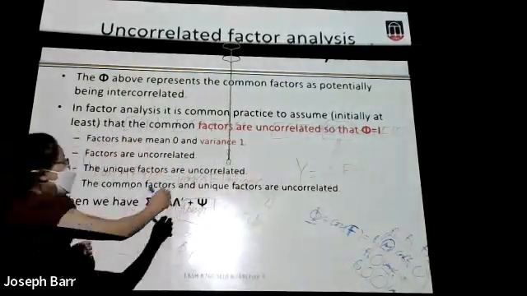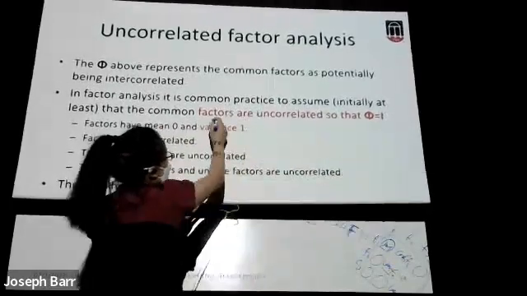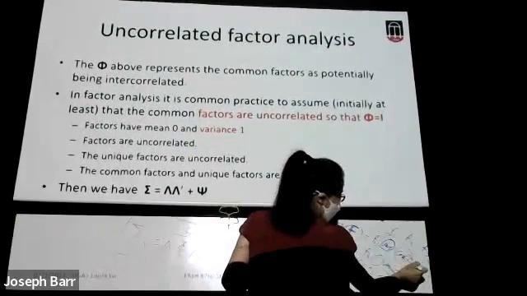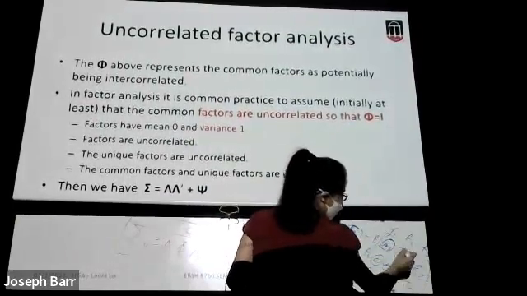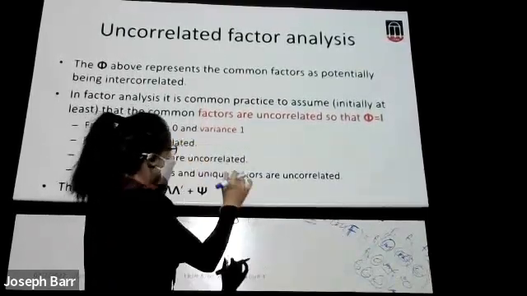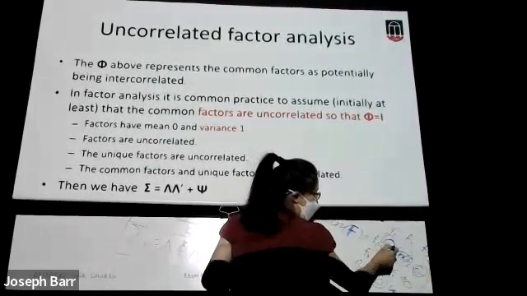If we assume factors are uncorrelated, these off-diagonal parts are 0, 0, 0, 0, 0. All of these are 0. We have the diagonal elements. We also assume the variance of the factors is 1. In the very beginning, we assumed the variance of factors is 1.